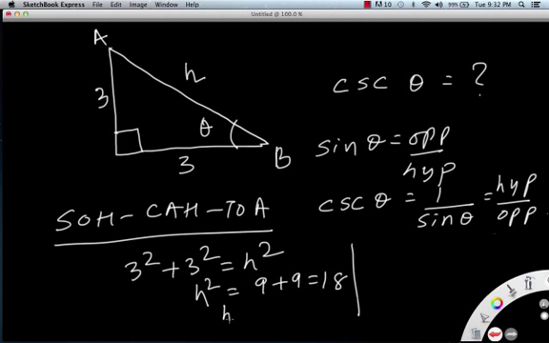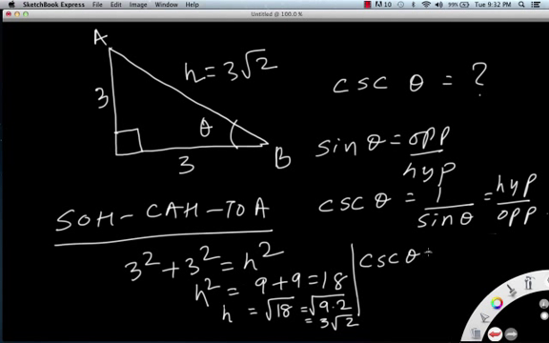So h is equal to root of 18, which is root of 9 times 2, that is 3 root 2. Now that we know h is equal to 3 root 2, calculating cosecant becomes very easy. Cosecant theta is the hypotenuse, 3 root 2, divided by the opposite side of theta, which is AC, and that is 3. So cosecant theta turns out to be root 2.